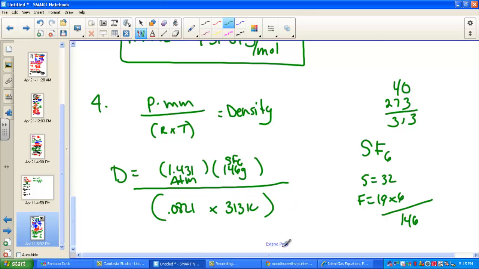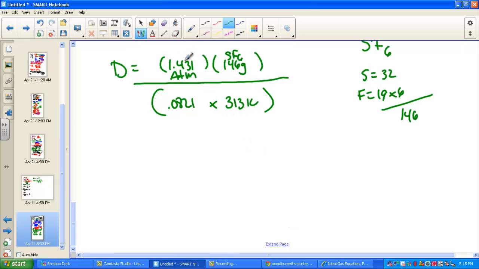Plug them in, churn out the density. 1.431 times 146 divided by the product. So use your parentheses, 0.0821 times 313. Density I'm finding is 8.13, so let's round a little bit, grams per liter of sulfur hexafluoride.